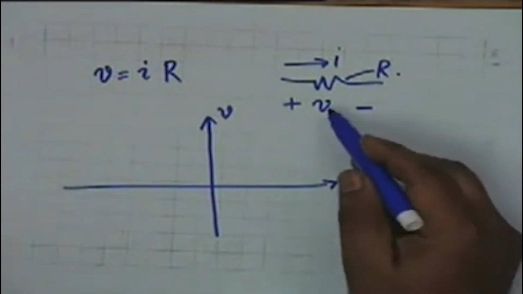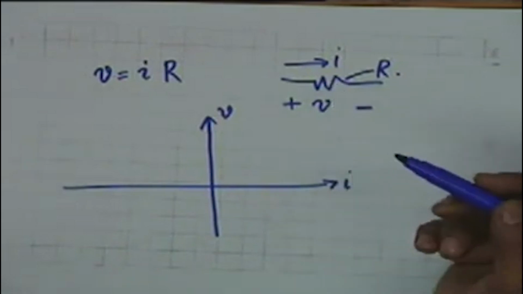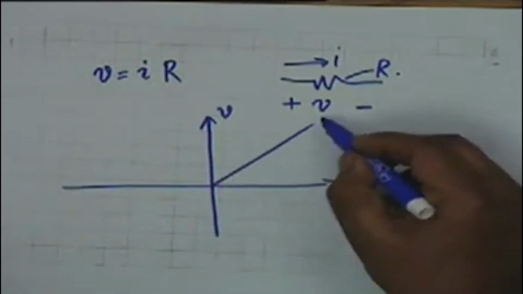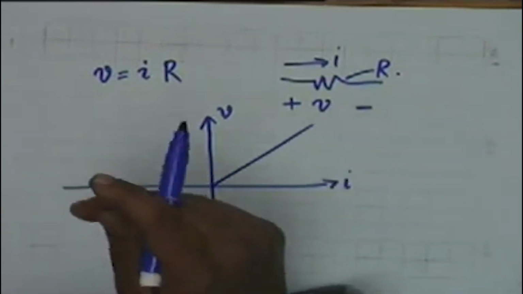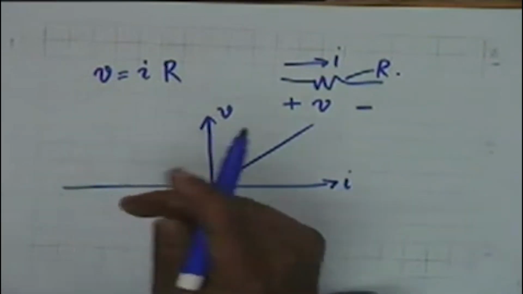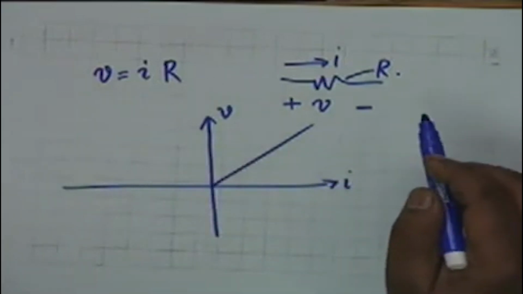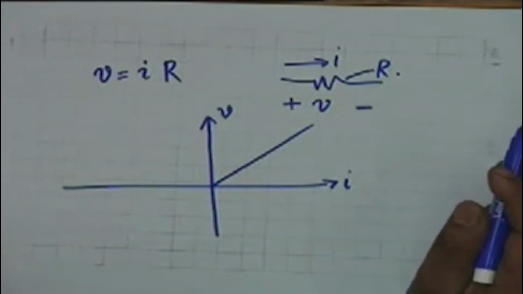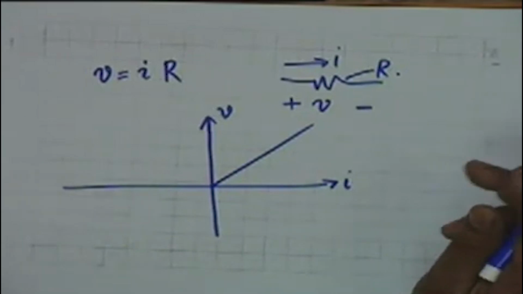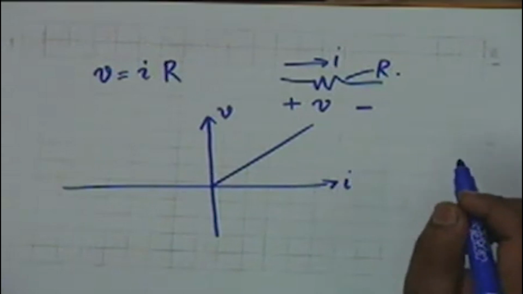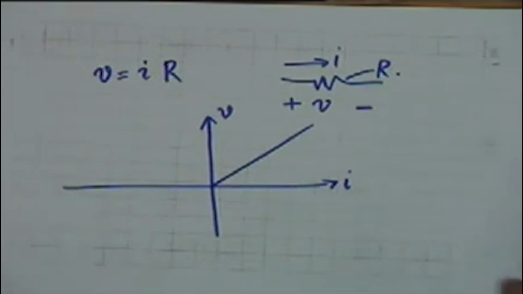And the relation between V and I naturally then shall be only in the first quadrant, and it shall be a straight line whose slope is equal to R. Now if this relationship becomes non-linear, then we say the resistance is non-linear. Most of the times we shall be concerned with linear resistances.